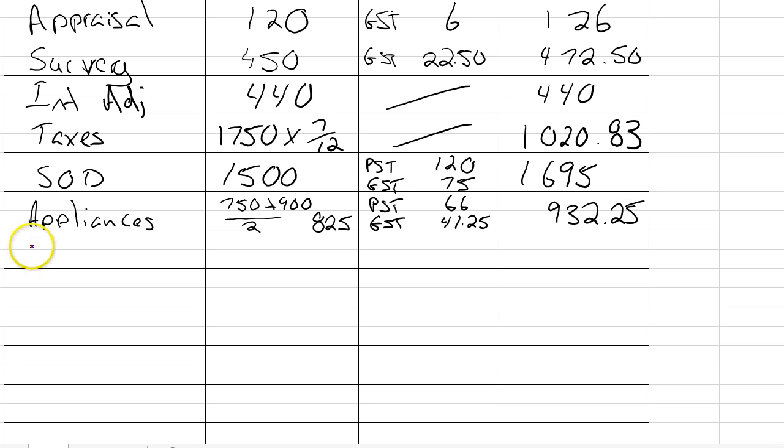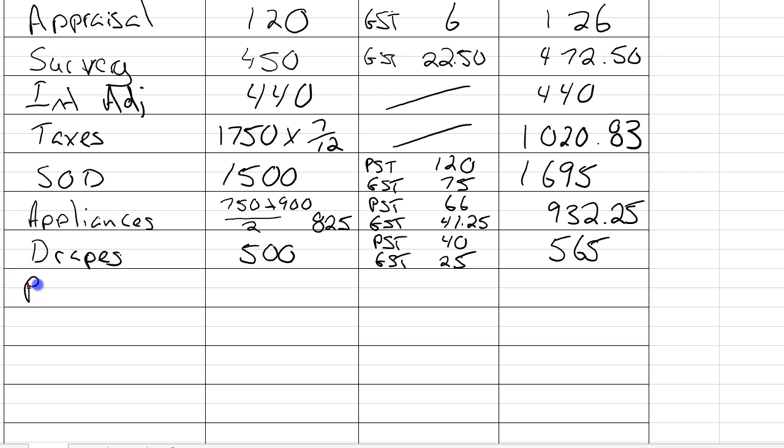We're then going to go hang some drapes, and the drapes cost $500. The drapes will have PST and GST. The PST on my drapes is $40, and the GST on my drapes is $25, for a total of $565.